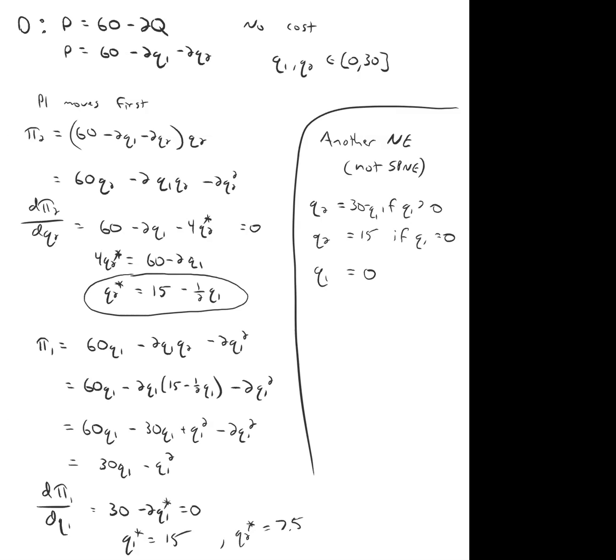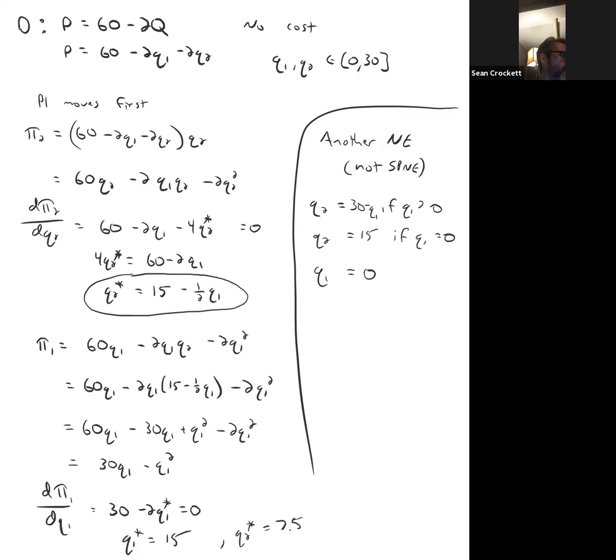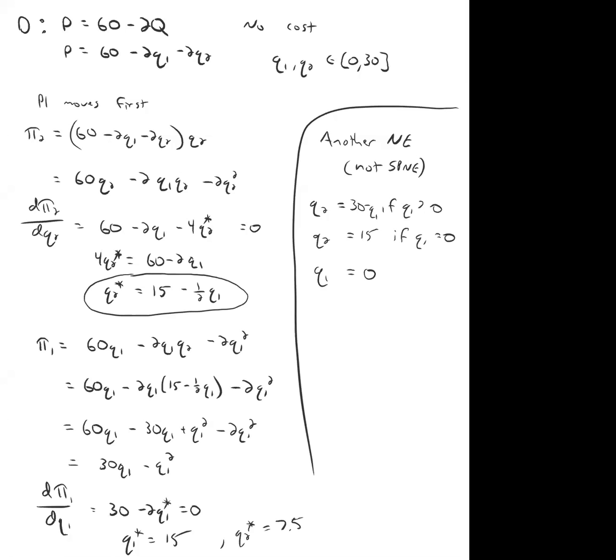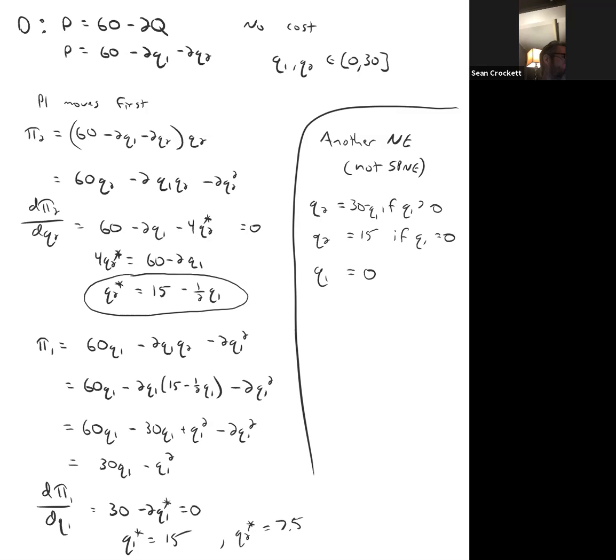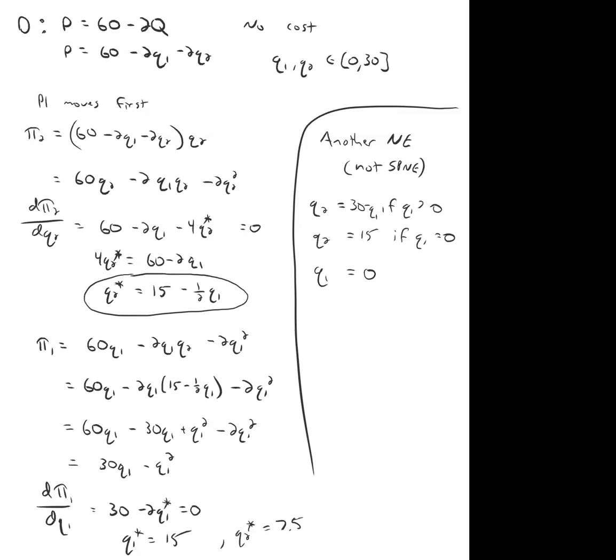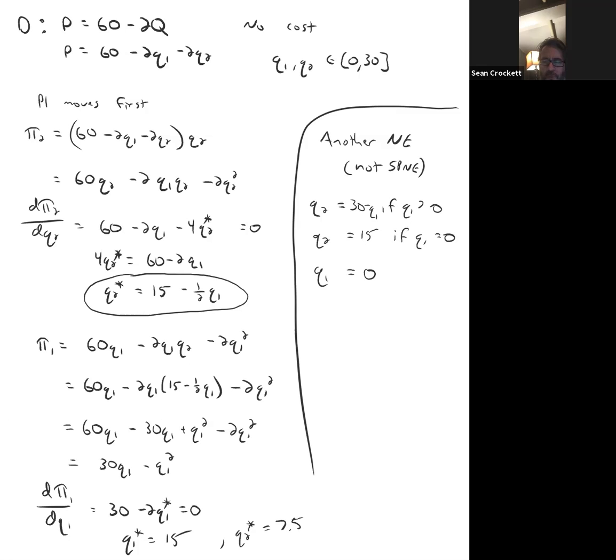For example, 1B, part B in question number 1. Does player 1 have 32 strategies? So no, okay. 1B, chapter 15.